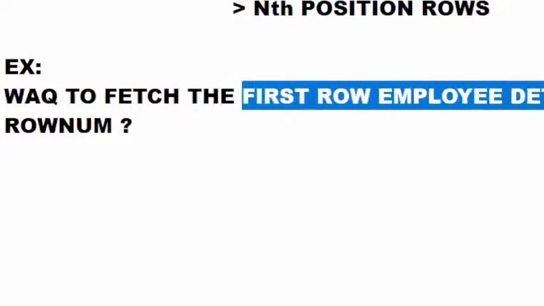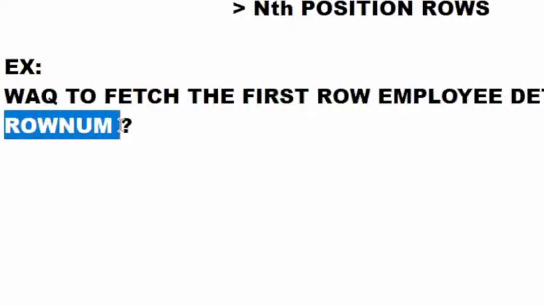So I want to fetch the first row employee details from your EMP, but how can I do it by using row num?